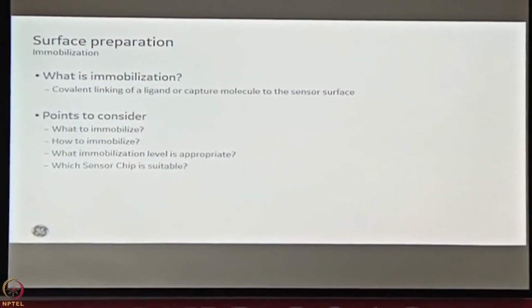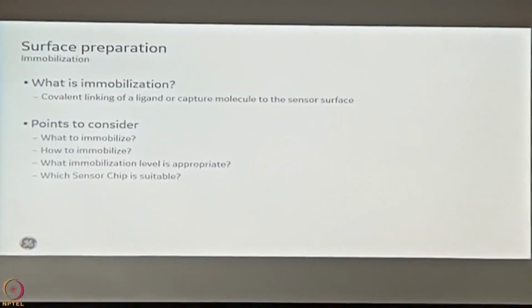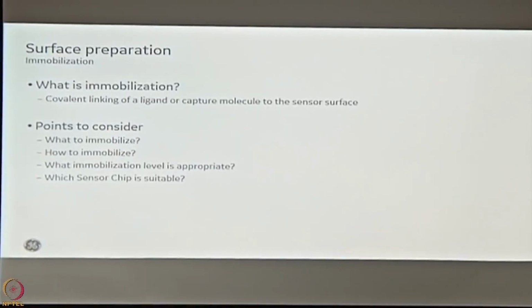Okay. So, first of all, what is immobilization? We all know, right. How do we stick it to the surface? We covalently link it, right. It is not just any attraction, it's covalent linkage. So, once you immobilize something on the surface, it is immobilized for good, you cannot strip it out, right.